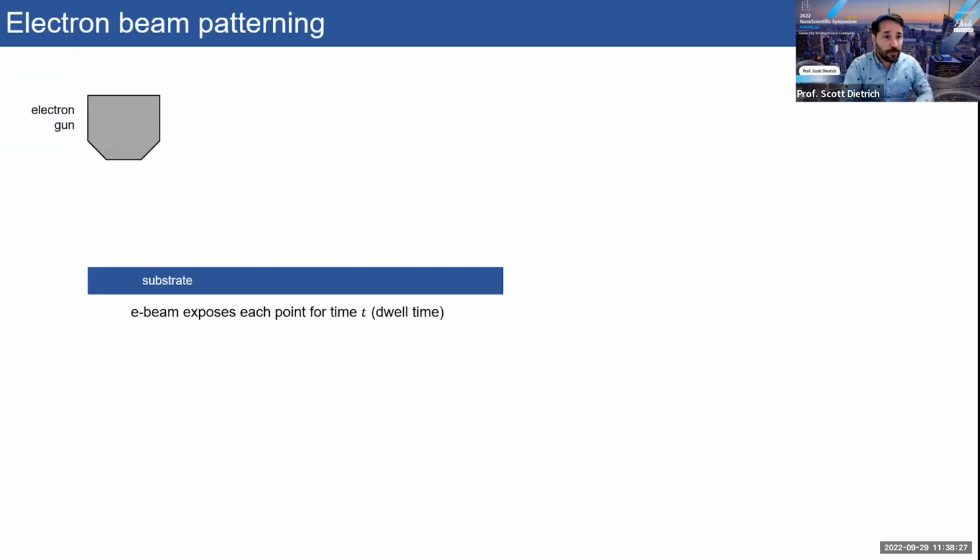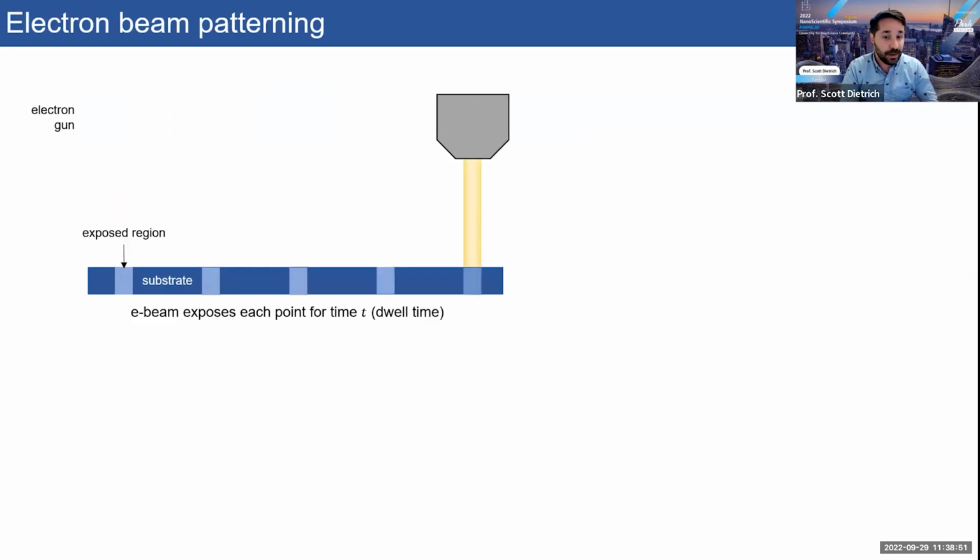The way we pattern our MoS2 is through a standard 50 kV electron beam lithography system, which operates with an electron source that's focused down to a very small spot size, and it'll expose a region, move to the next point, expose again, and move forward and forward at some pitch between these spots of length L. And so we can define the amount of time we expose a region with a constant current of electrons.